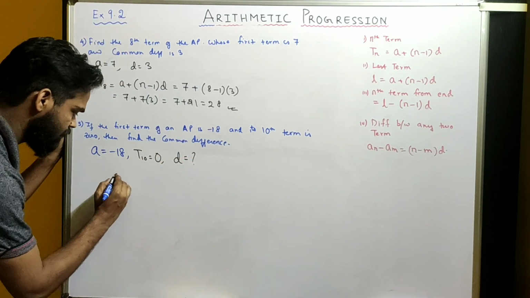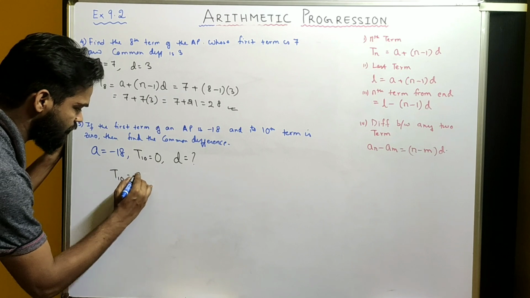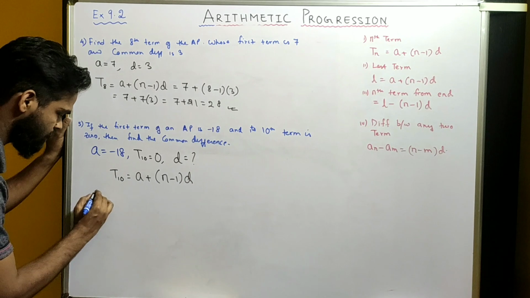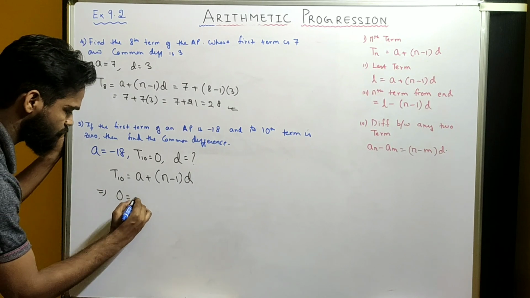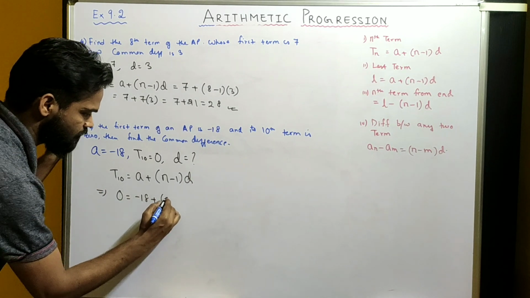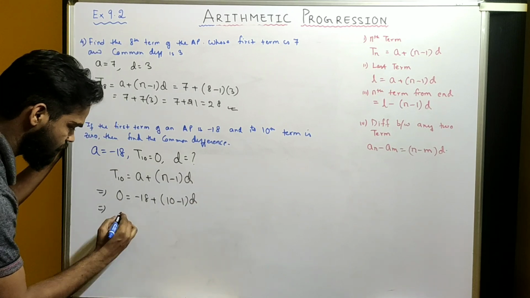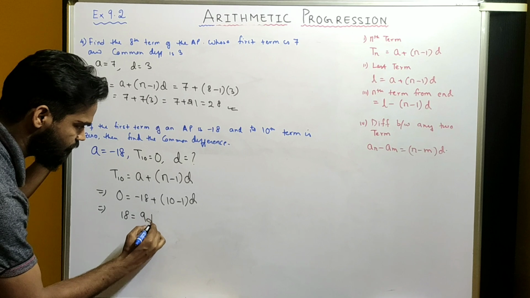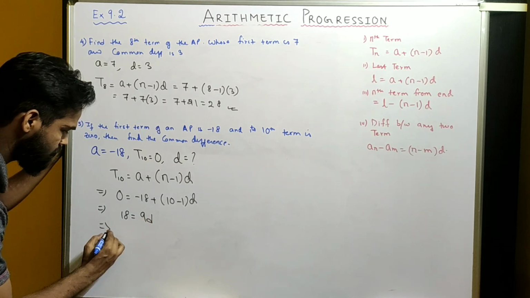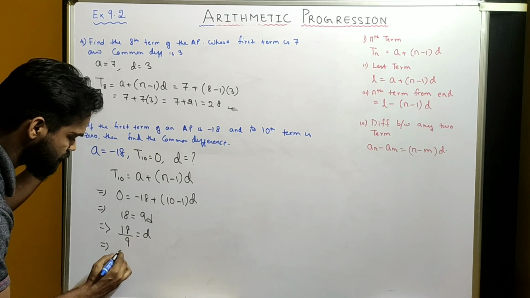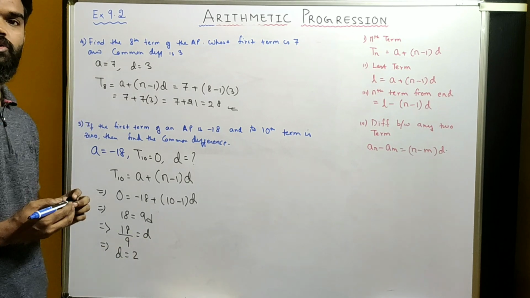Very easy. We know t10 will be a plus n minus 1 d. Now substitute the values. So 0 equals minus 18 plus 10 minus 1 d, which means 18 equals 9d, which means 18 by 9 equals d, which means your d is nothing but 2.